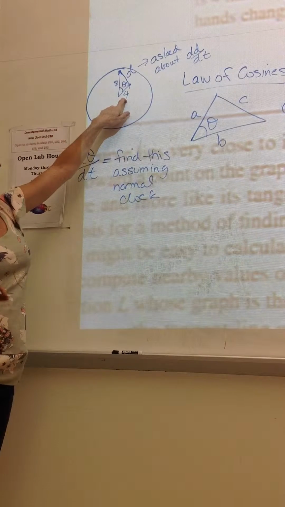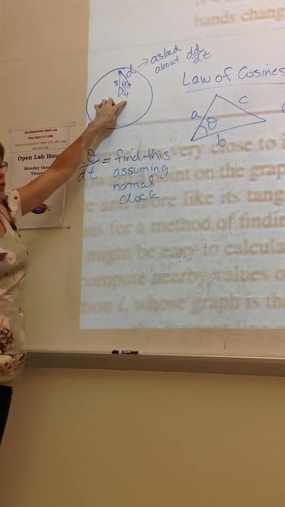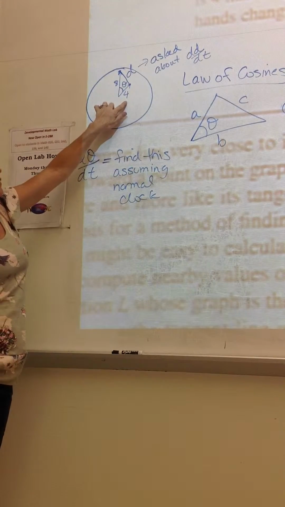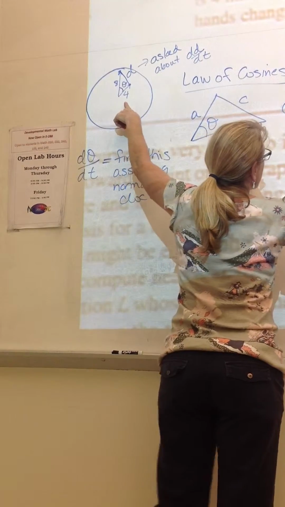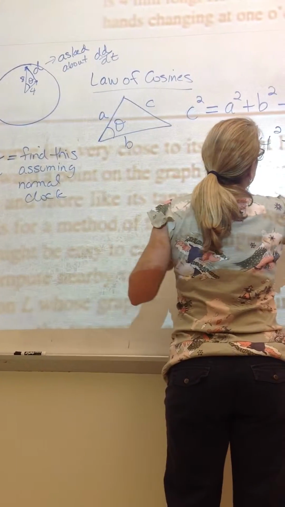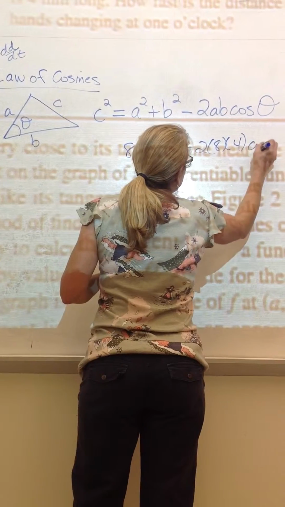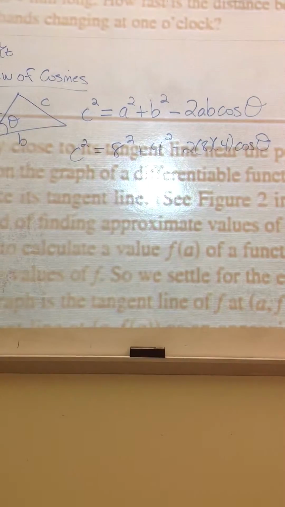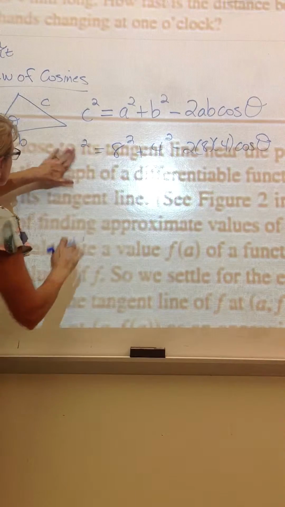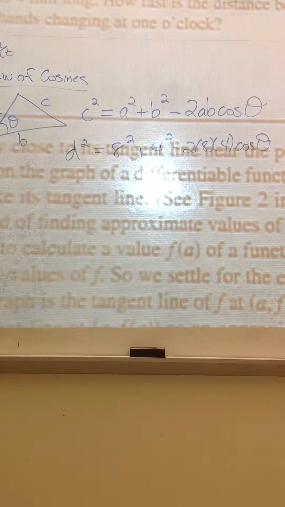No. So it's okay for me to plug in the 8 squared and the 4 squared. But the angle changes, and so does D, so don't plug numbers in for those.